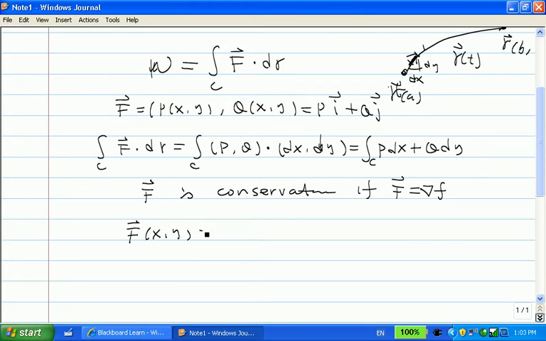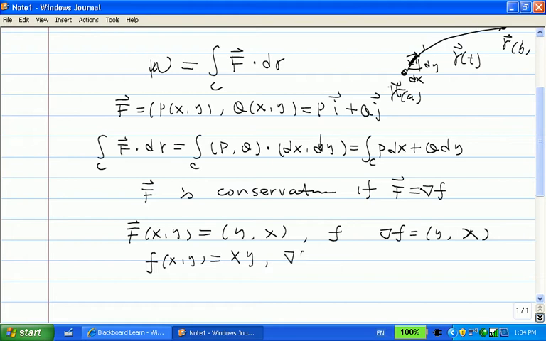For example, my F is a vector field, y here, x here. Now the question: can you find small f such that the gradient of small f gives you (y, x)? It's not hard to see that if my small f(x, y) is equal to x times y.